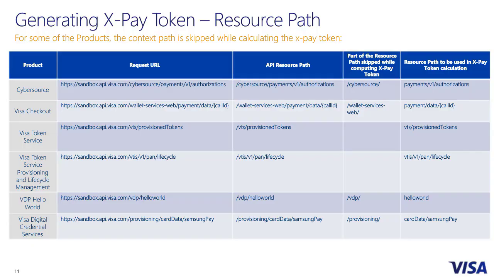In this case, the resource path is /vts/provisioned tokens, but we are not skipping any part of the resource path here, which is why we end up using the entire resource path, which is vts/provisioned tokens. So various products have different ways of configuring resource path. This is available on the VDP portal. So based on the information there, you can check on how to use your resource path for the XPay calculation.